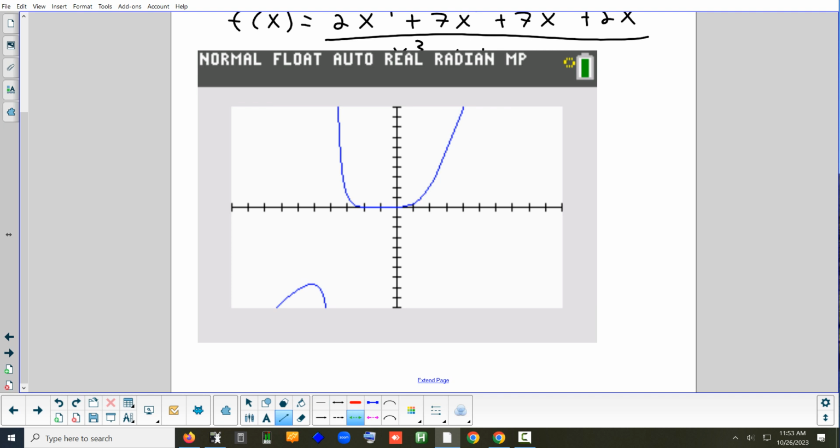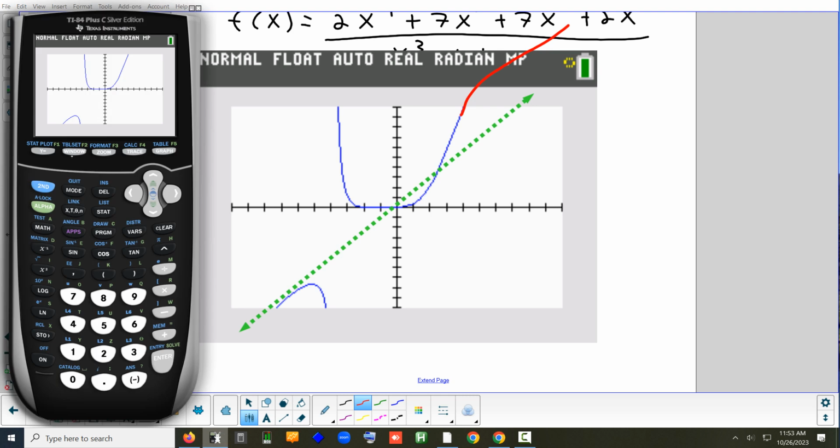If I try to draw in a slant, it would probably be something like that. So my guess is the top piece at some point is going to start to curve back down like this, getting closer and closer to the green. Let's zoom up a little higher and see if that's what happens. Set the Y max at like 25 and maybe the X max at 15. Let's see if we can start to see the slant. On the bottom piece, I think I see it.